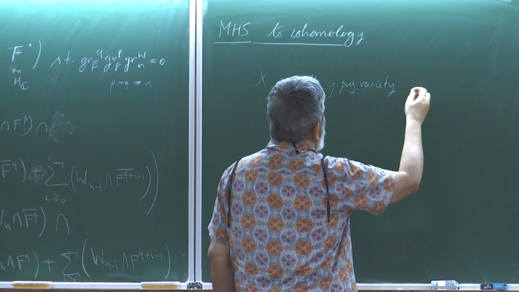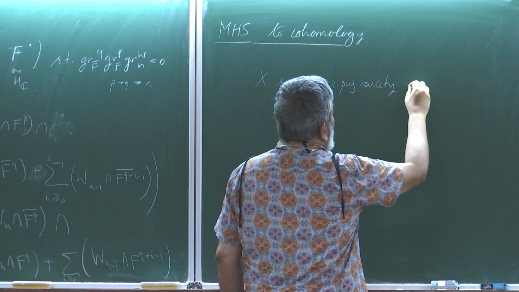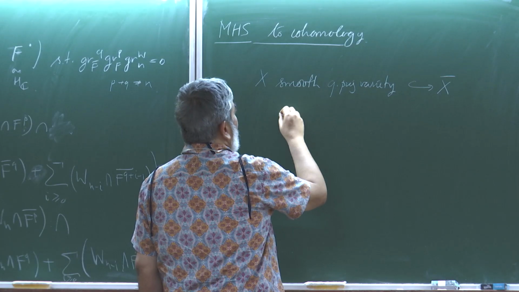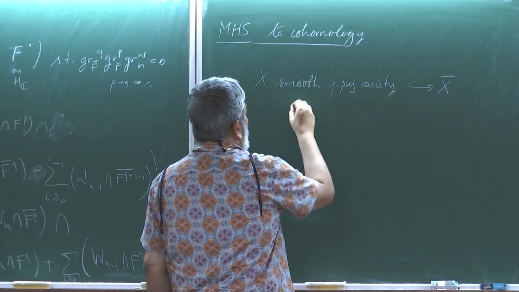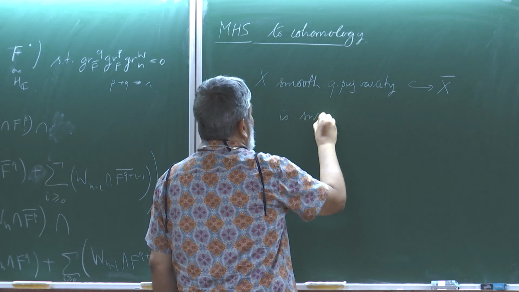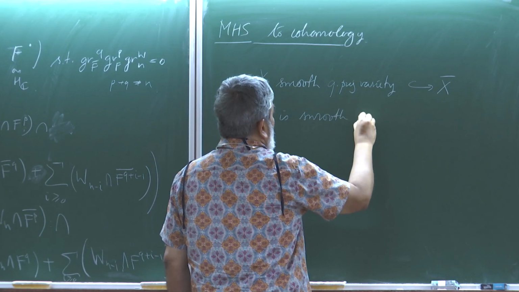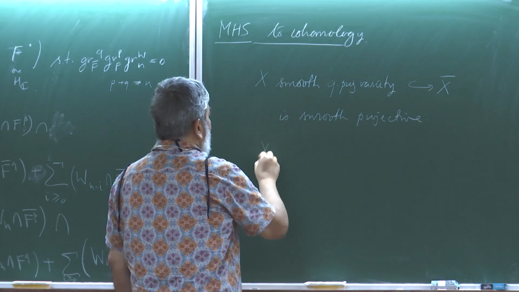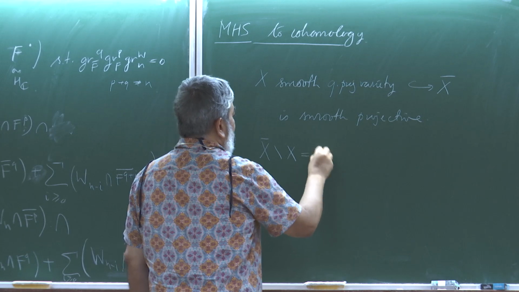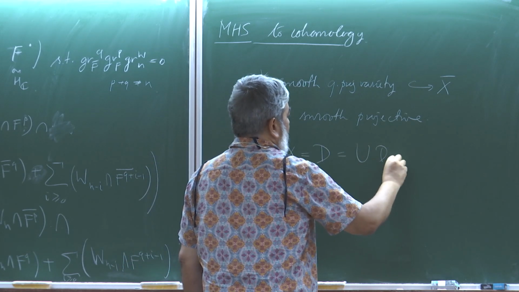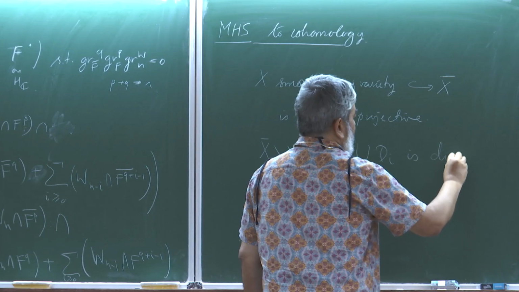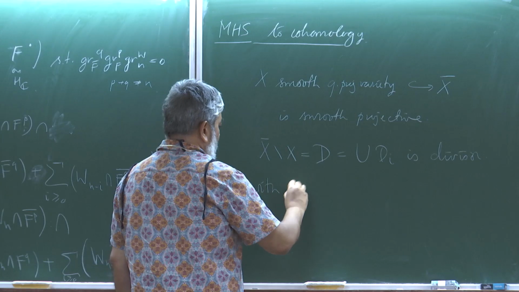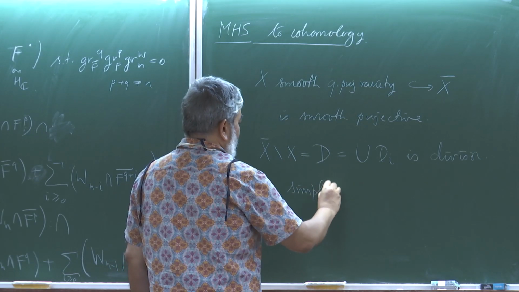X sits inside X bar, where this is complete, so it's a smooth projective X bar, and X bar minus X is a divisor with simple normal crossings.